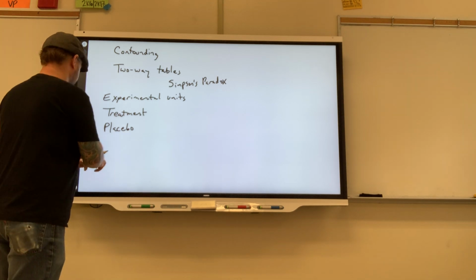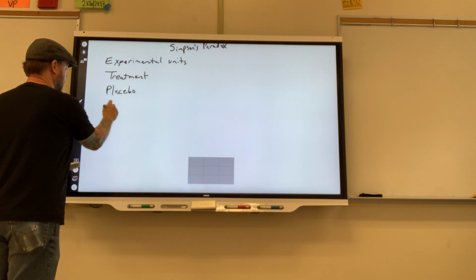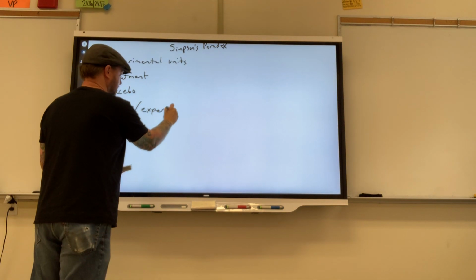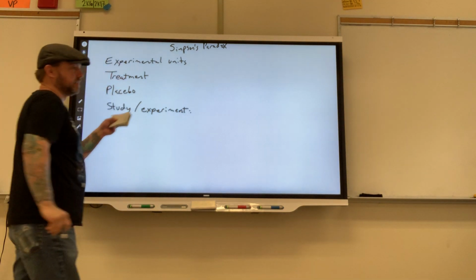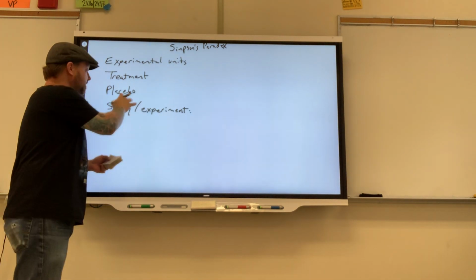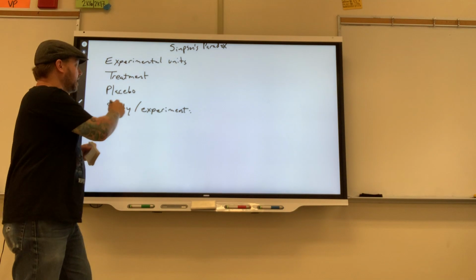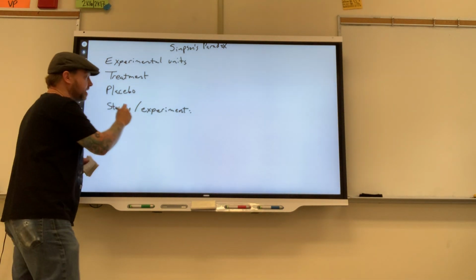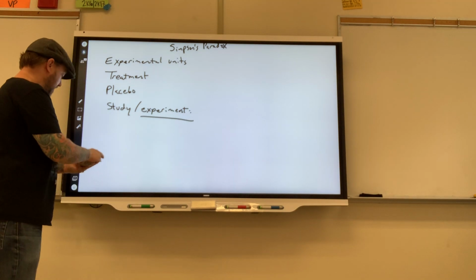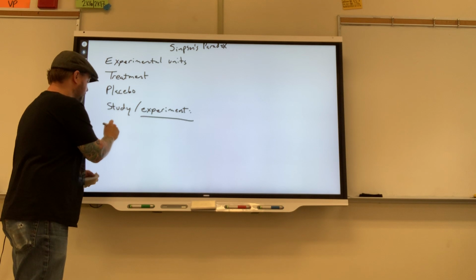Okay, let's talk about the difference between the study and the experiment. Experiment is there's a treatment. Study is just, hey, we noticed something. If you want to show causation, you have to do an experiment. Okay? Population versus sample.